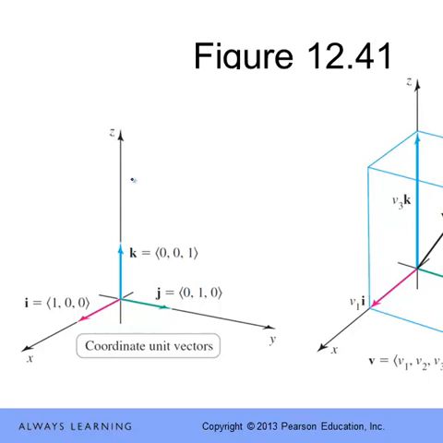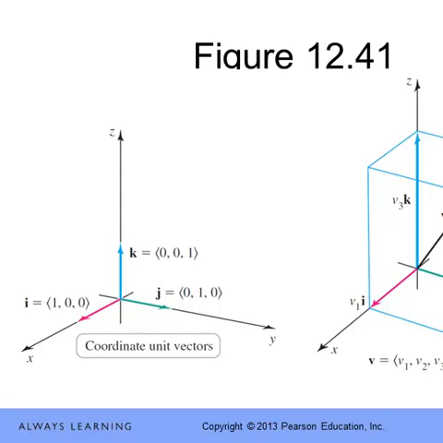So we can then take any three-dimensional vector and express it as a linear combination of i hat, j hat, k hat. If we have vector v with components v1, v2, v3, we could also write that as v1 i hat plus v2 j hat plus v3 k hat. i hat, j hat, k hat are vectors, so they'll be boldface on the page, but in our handwriting, we'll express them with hats.